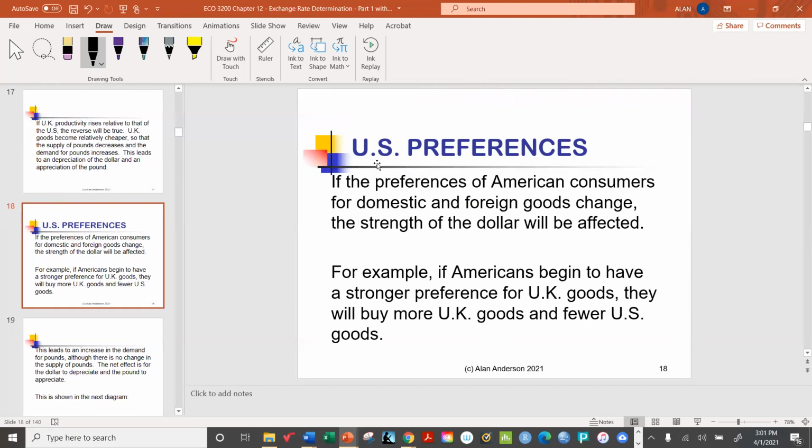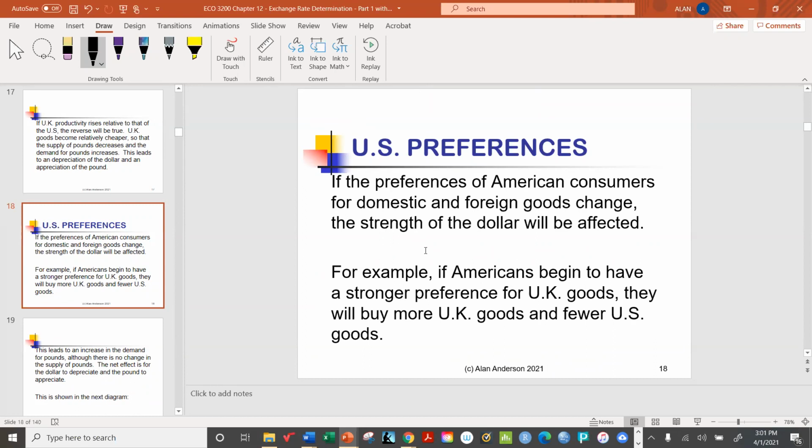US preferences. This is all about, do Americans want to buy more or less British goods? All right, so it's hard to predict something like this, but if, for example, Americans suddenly decide that they prefer British goods to American goods, then we'll try to acquire more British goods, which means the demand for pounds will go up.